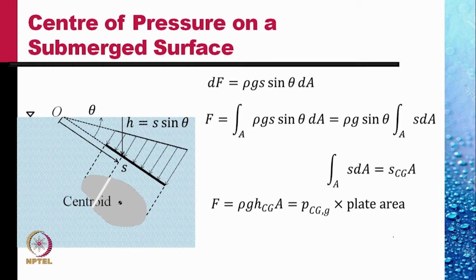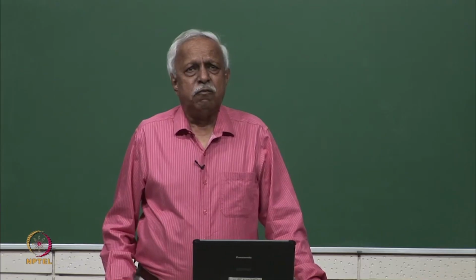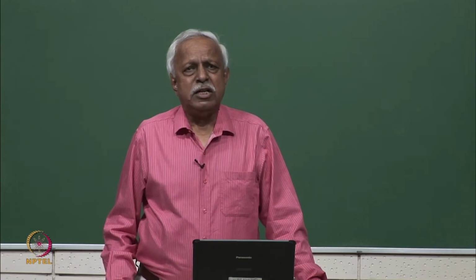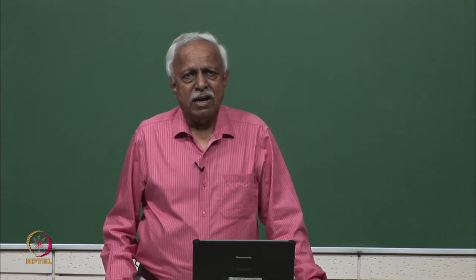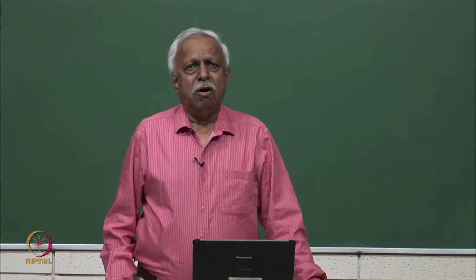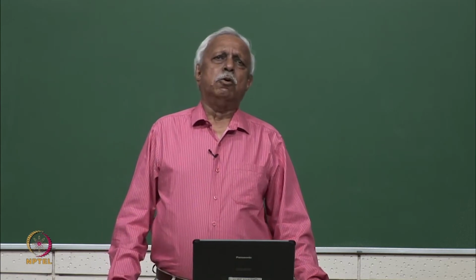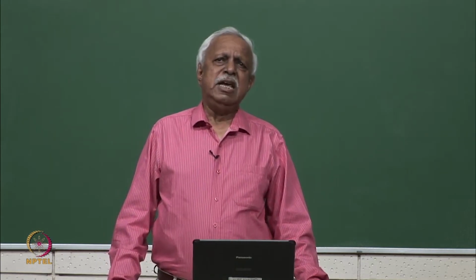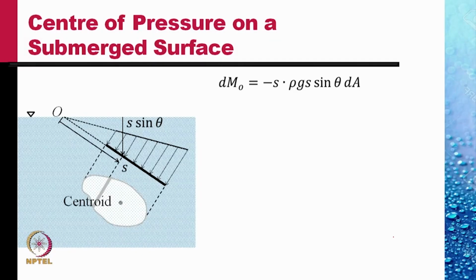This is the force. But where is the center of pressure? The center of pressure is obtained by keeping this total force at a location such that the moment of this total force at that location is equal to the moment of the distributed force.